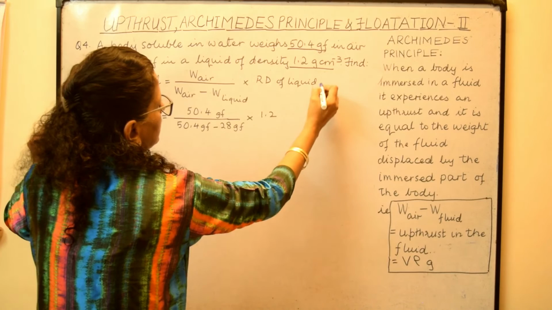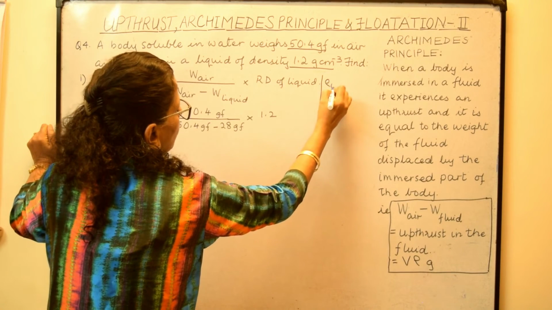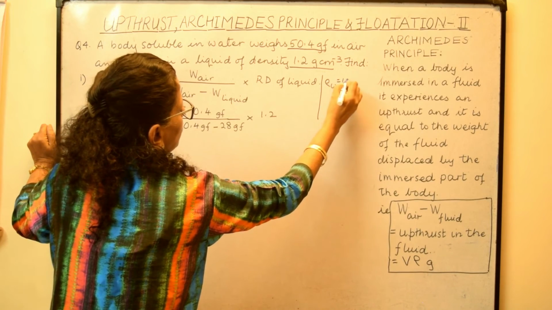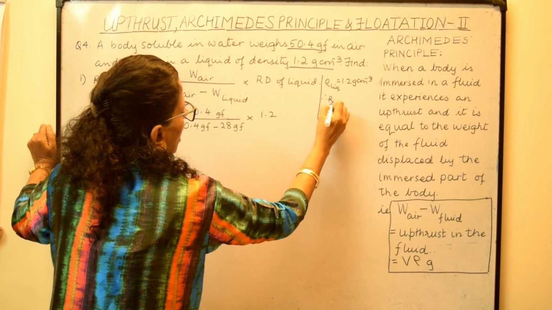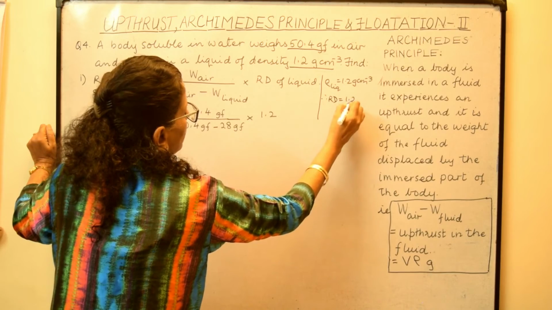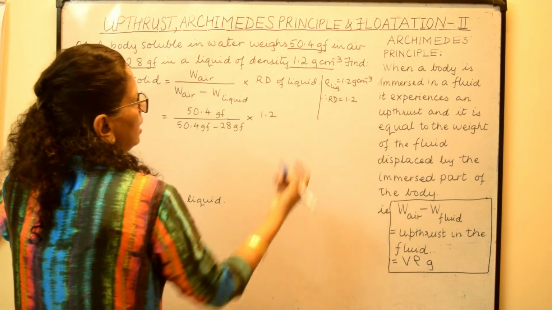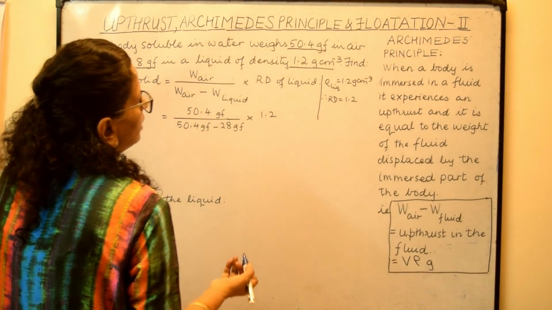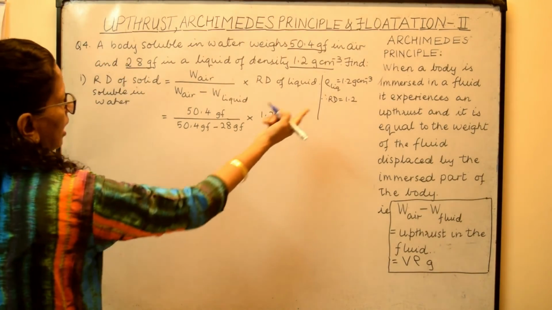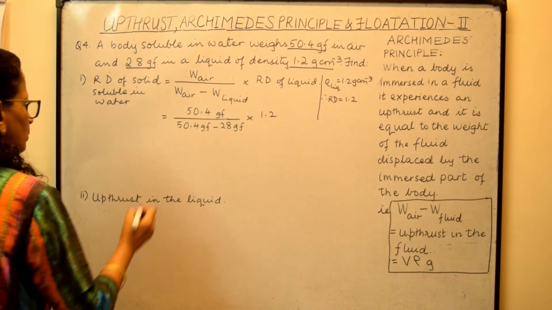Now if the density rho liquid is 1.2 gram per centimeter cube, therefore RD is going to be 1.2, because we will divide this by density of water, which is 1 gram per centimeter cube, and the units will get cancelled and you will have RD coming to 1.2.